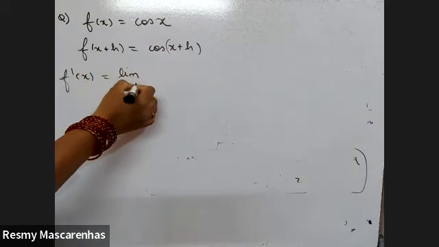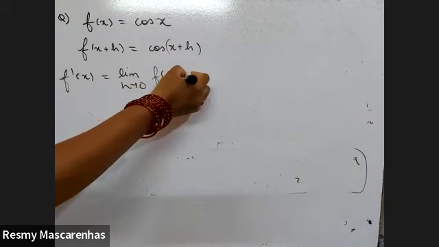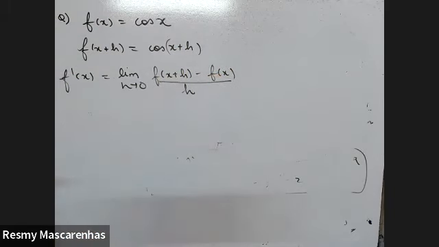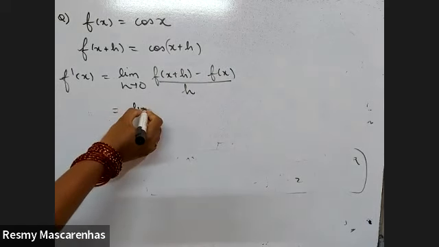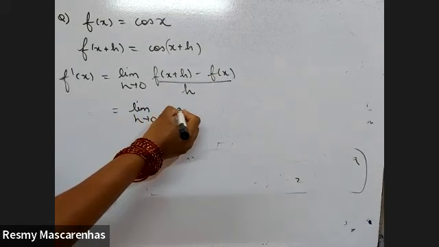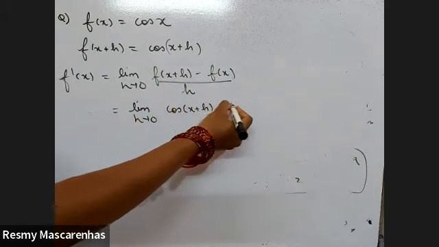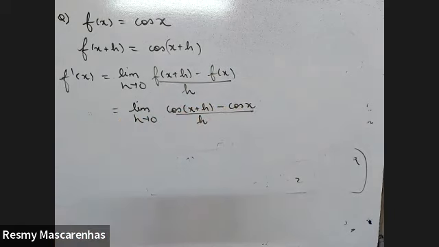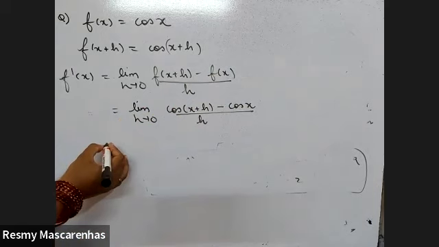Limit h tending to 0, f of x plus h minus f of x upon h. Do the substitution. You can use the formula now.